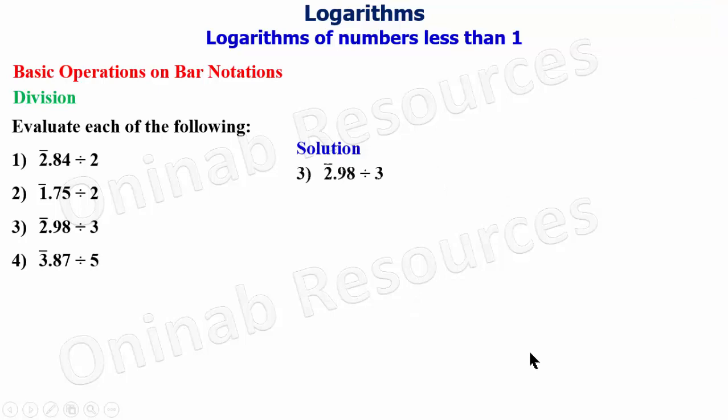We then go to problem 3. For problem 3, we have bar 2.98 divided by 3. So again, we are writing it as bar notation which is divisible by 3, and which is going to be exactly 3. So we have bar 3. We are adding 1 to this bar 3 to give us bar 2. That is the method of expanding this.